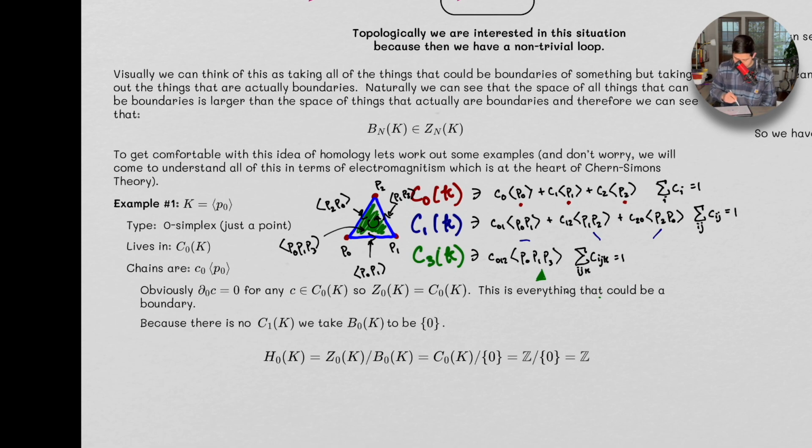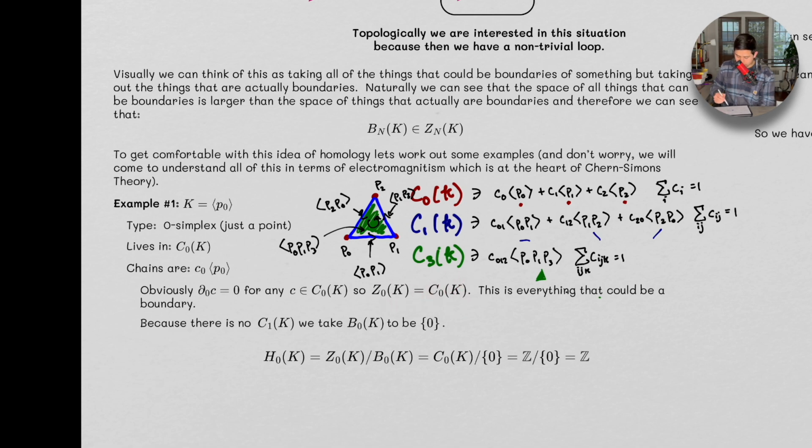Anyways, let's get back to this example, and then we'll sort of fly through this. This is probably going to be somewhat of a longer video, just because we want to get the homology done out of the way. Then we'll start talking about cohomology. So obviously, this thing is going to be 0 for any C and C0, because it's just a point, right? And so Z0 of K and C0 of the simplex, they're equal, right?